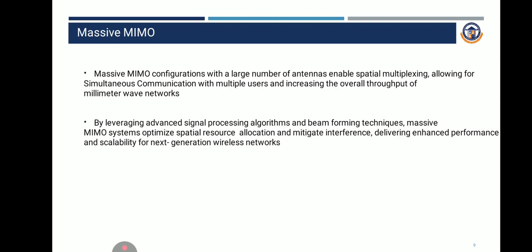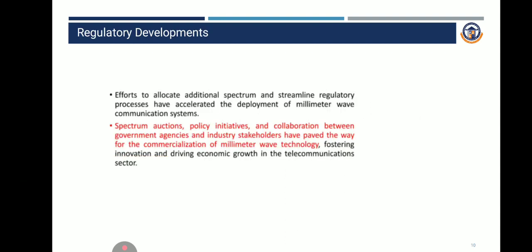By leveraging advanced signal processing algorithms and beamforming techniques, massive MIMO systems optimize spatial resource allocation and mitigate interference, delivering enhanced power and scalability for next generation wireless networks.